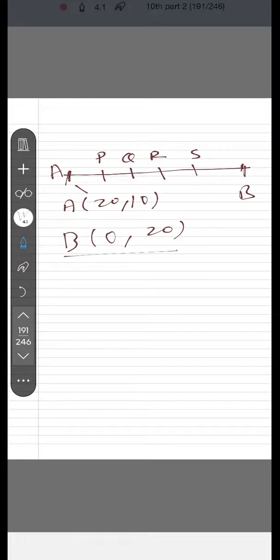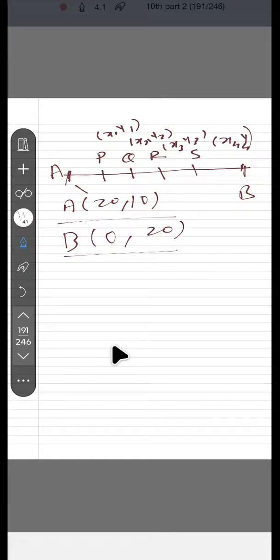Okay, let's try to solve. P I will take as x1 y1, Q as x2 y2, R as x3 y3, and this one as x4 y4. Just observe that P x1 y1, Q x2 y2, R x3 y3 and S x4 comma y4 are the points which divide the given line into 5 equal parts.